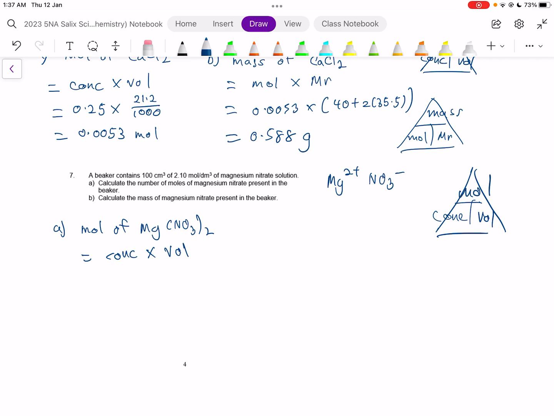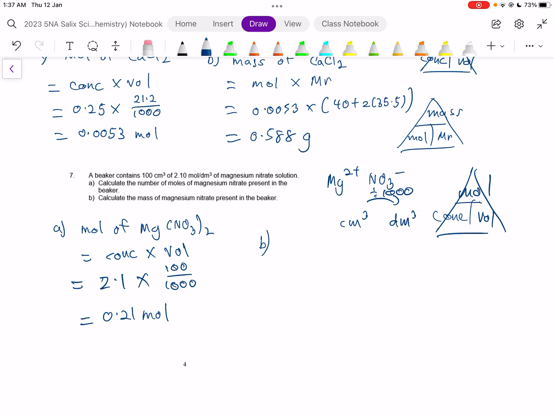Concentration 2.1, volume 100 divided by 1000. Same thing, convert centimeter cube to dm cube by dividing by 1000. So 0.21 mole.